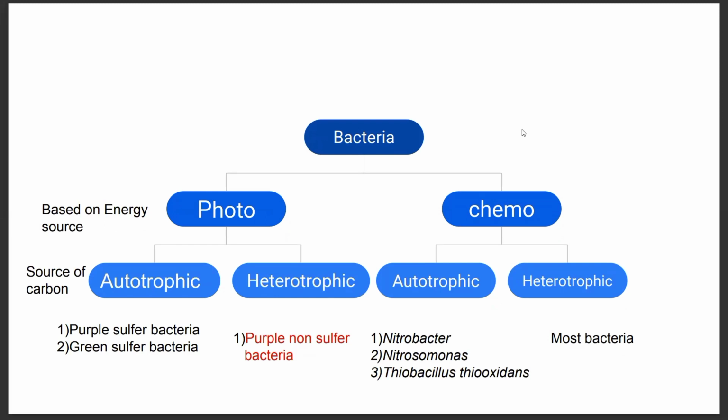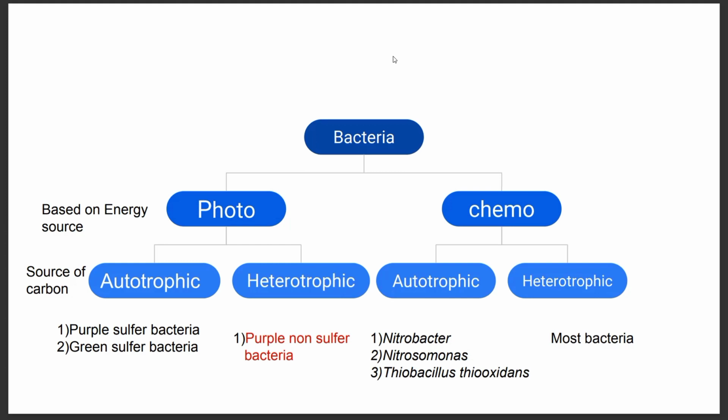Phototrophic means they use light energy as their energy source. They use carbon dioxide or inorganic carbon as their carbon source and they produce their food. Example, purple sulfur bacteria, green sulfur bacteria.